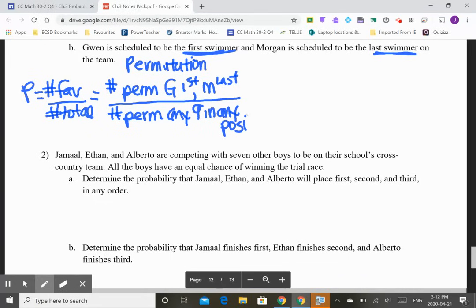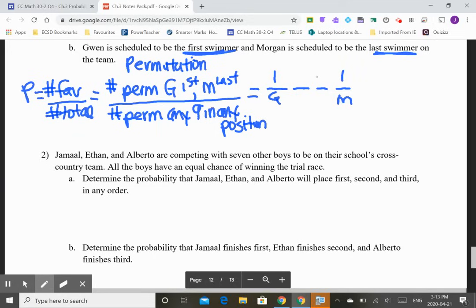Now, we're only going to have 4 people on the team. So we're only going to write our 4 positions. In the numerator, here's our 4 positions, 1, 2, 3, 4. The first position must be Gwen. There's only one choice there. The last position must be Morgan. Only one choice there.